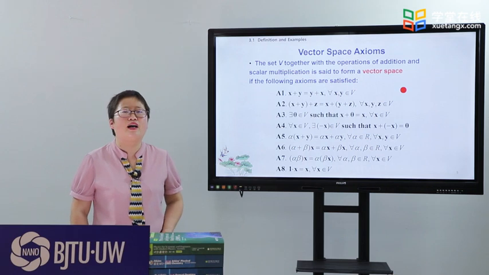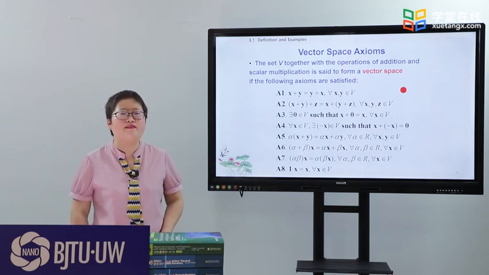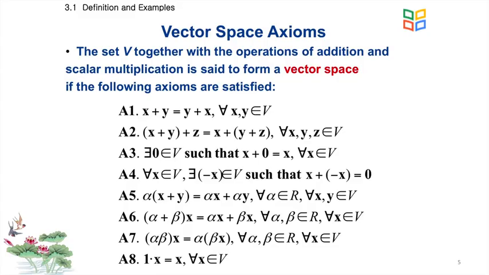And also axiom 6, we have alpha plus beta, then times X equals alpha times X plus beta times X, for any alpha, beta belonging to the real numbers and any X belonging to this set V. And axiom 7 requires that if you first do alpha times beta and then times the vector X, it equals alpha times beta times X first.